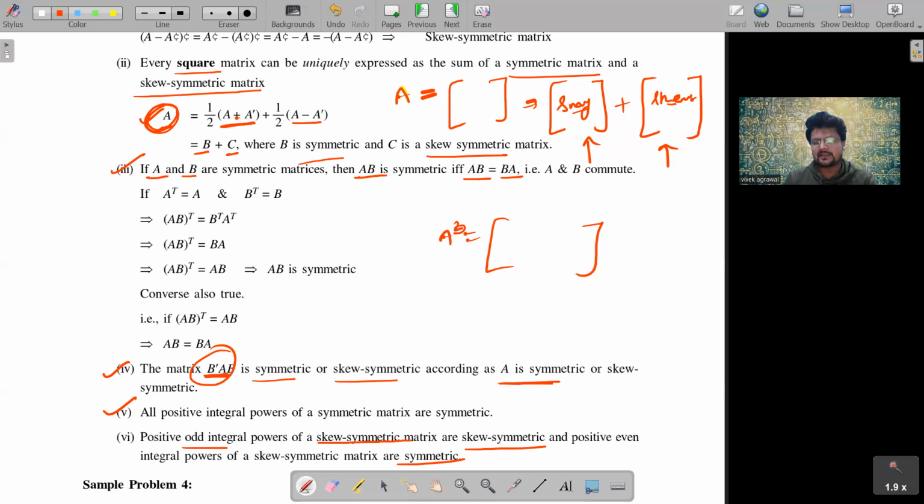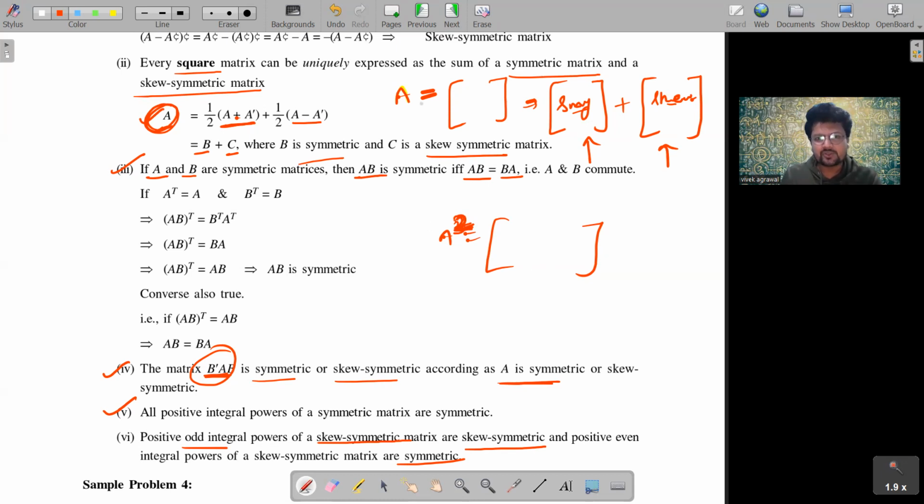You can remember it like this: suppose you are doing the square of a skew symmetric matrix, so what will happen? The negative will be converted into positive, right? Negative square is always positive, and if there is no negative thing in the matrix, how will it be a skew symmetric matrix?